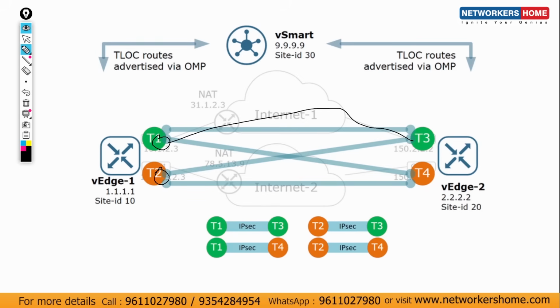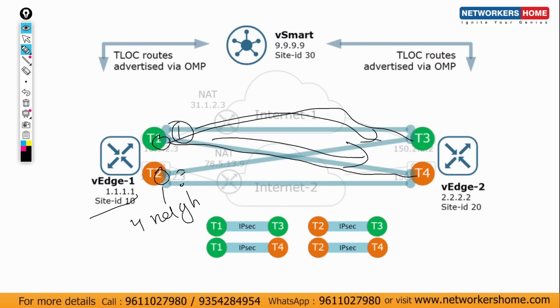So basically, this is a single site, right? Each TLOC is going to form two neighborships. Similarly this is going to form two neighborships. So total on VH1 you will have 4 neighborships.